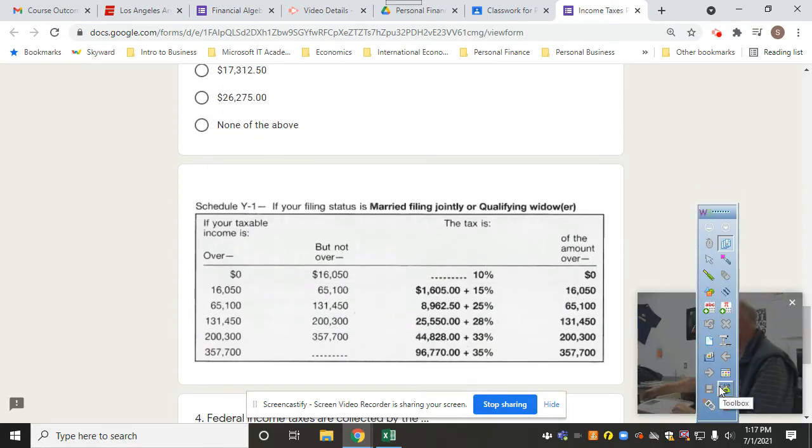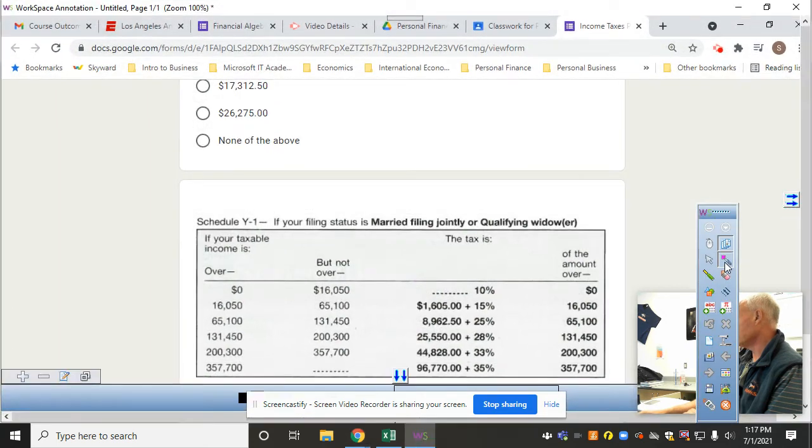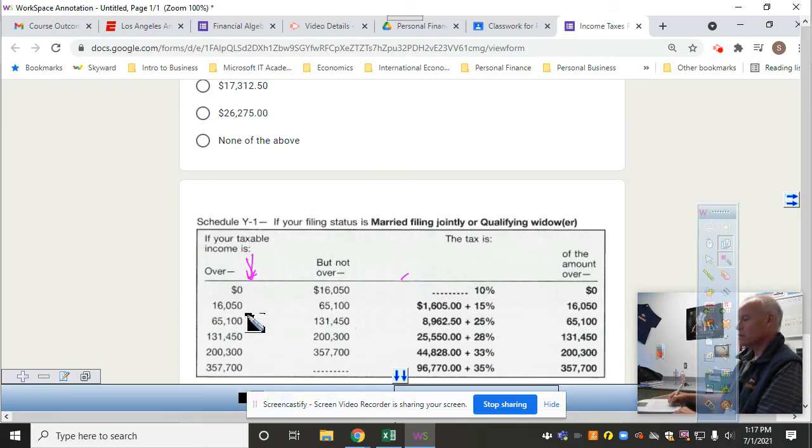69,250. Okay. I'm going to start writing on my screen here. So first of all, what's the largest number over here on the left? That is not greater than 69,250.